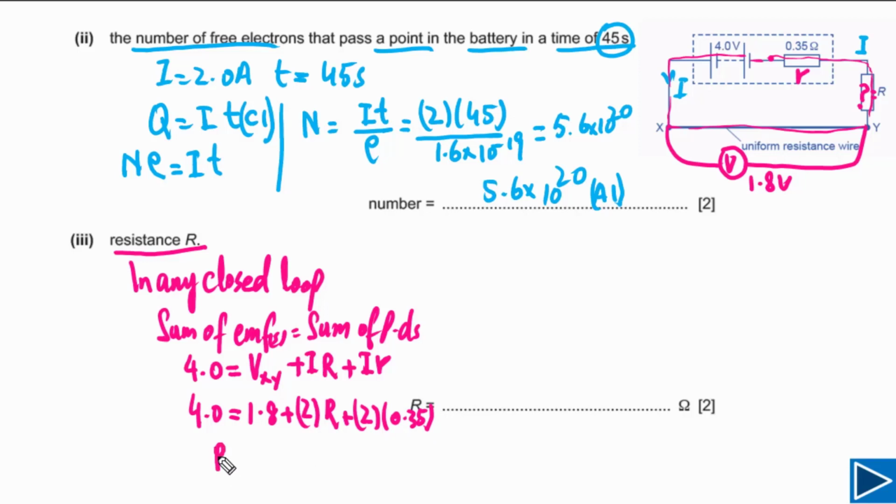Now if we simplify for R, our final answer for R will be 0.75 ohms, and this is our final answer. The first mark you will get if you have written this one. So this mark will be C1. And the second mark you will get if you have got the right answer. Simply speaking, if you got the right answer, you will get 2 marks for this question.